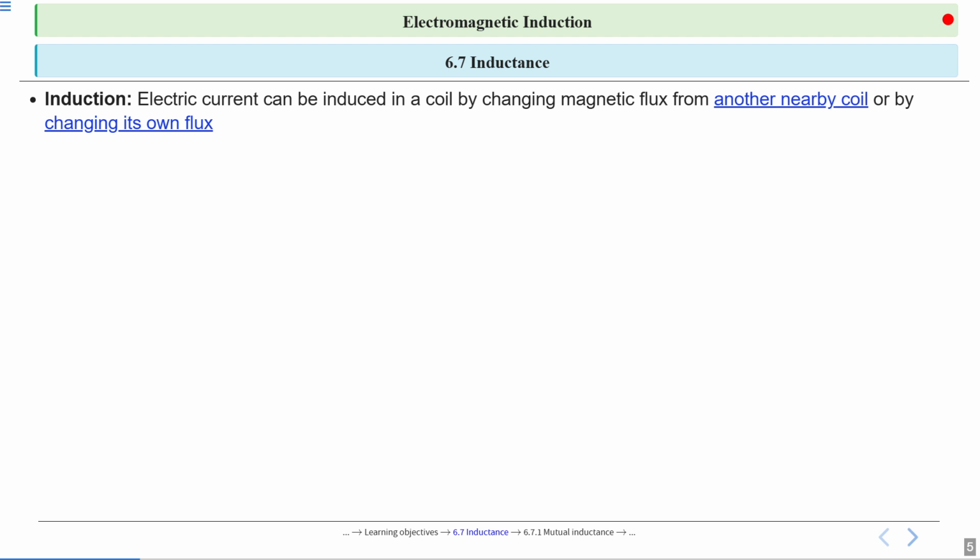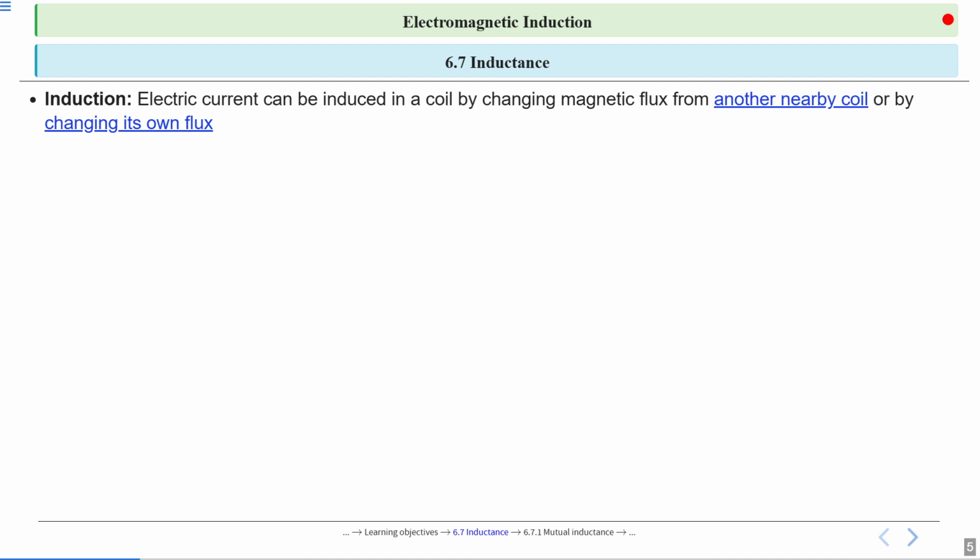In this first case there are two coils: we induce current in the other coil with the help of changing magnetic flux in the nearby coil. And the second case is by changing its own flux.